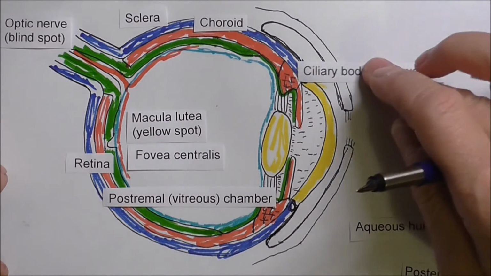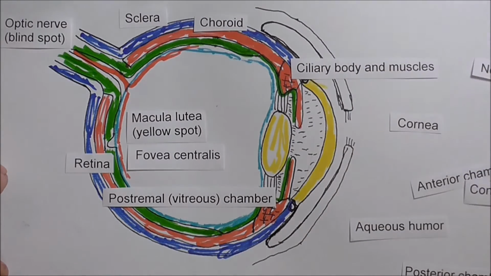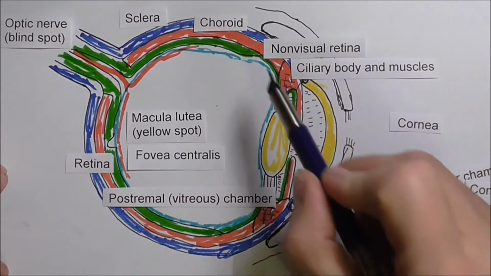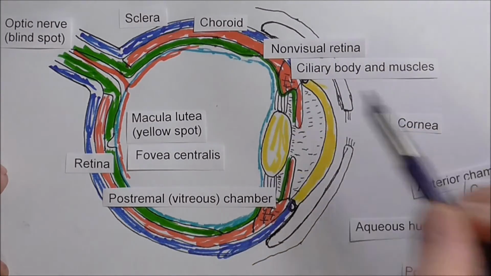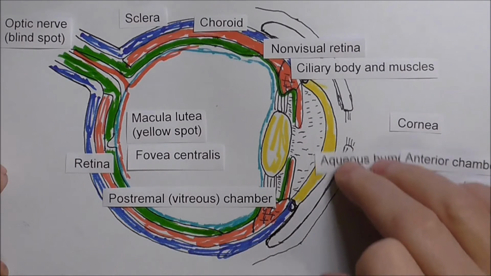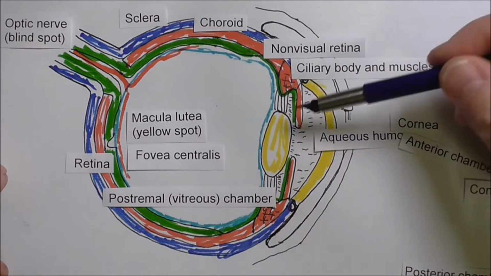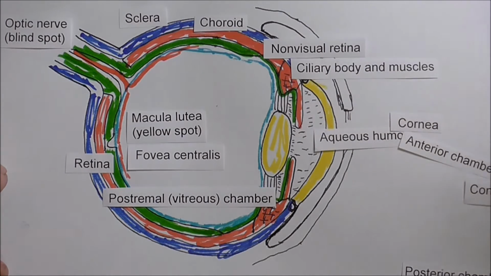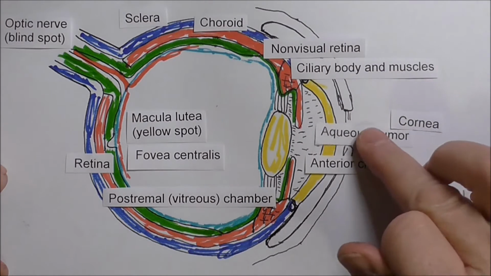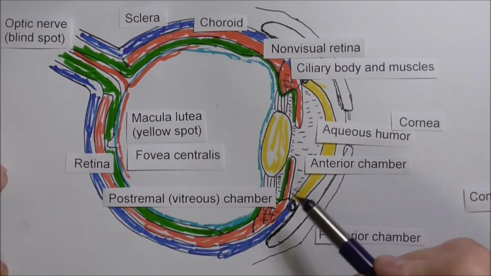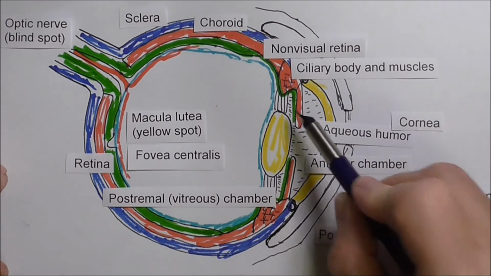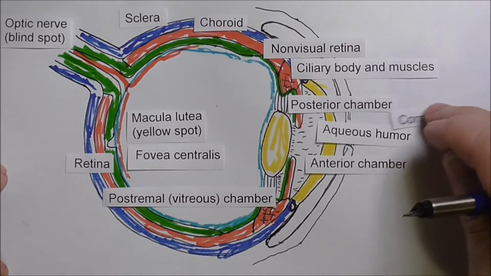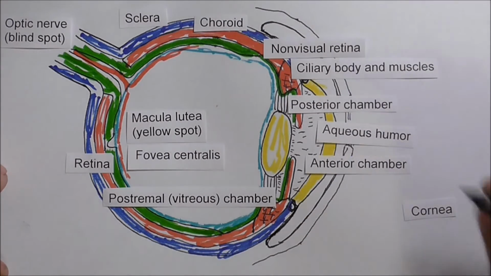Ciliary body and ciliary muscles here. Non-visual retina carrying on around here. Aqueous humour produced in the posterior chamber here and circulating through to the anterior chamber. That's the anterior chamber. That's the posterior chamber just there and there. Cornea, the clear area at the front.